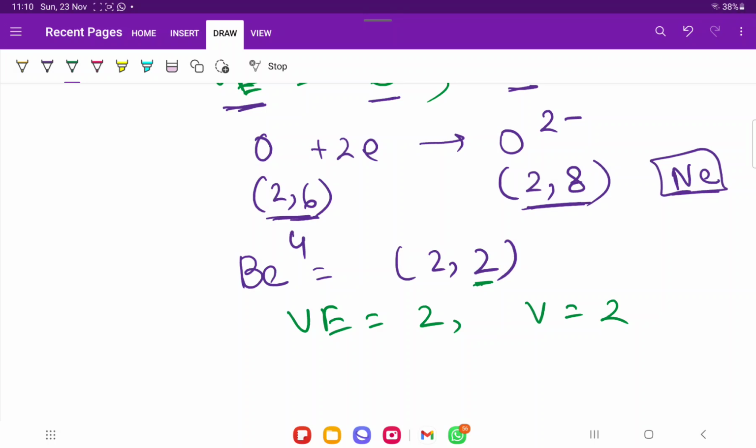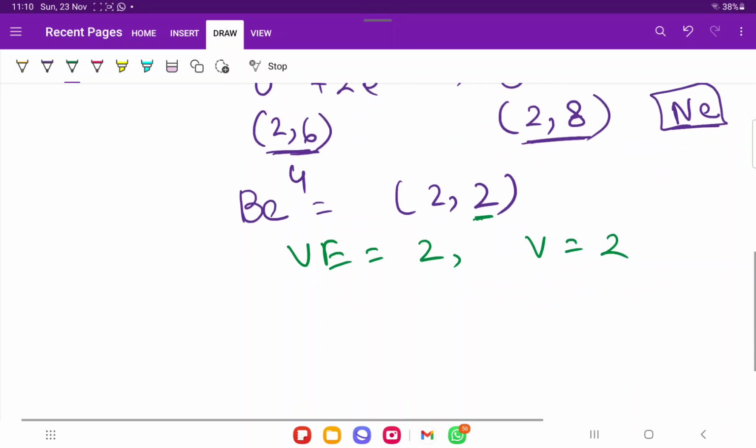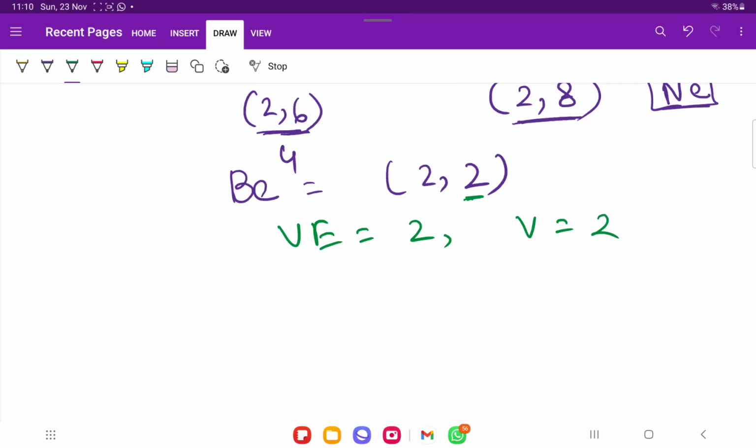So what we can see is, if an atom has 1, 2, 3 or 4 valence electrons, its valency is equal to that number, right? That time valence electron equals valency.